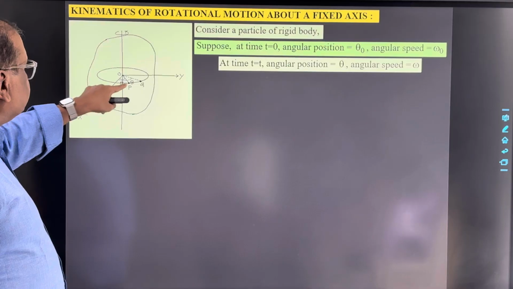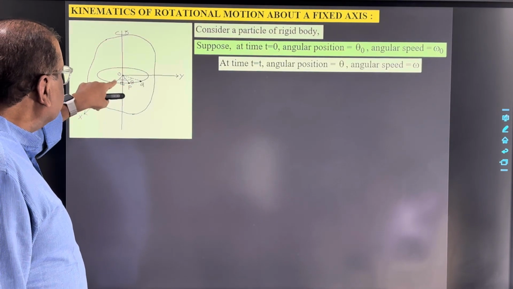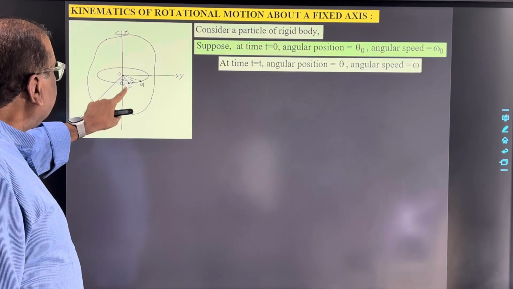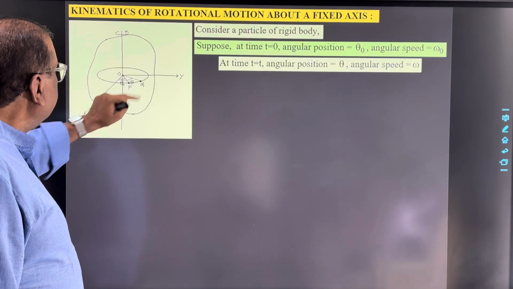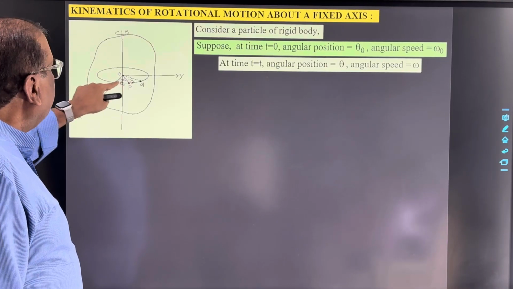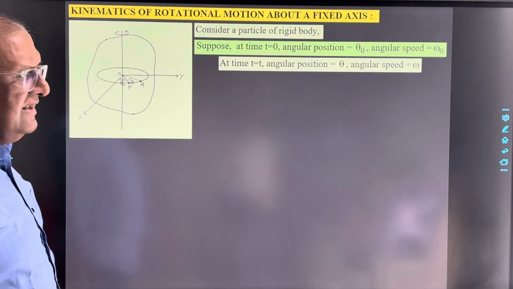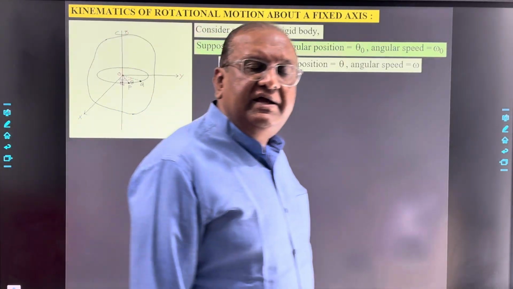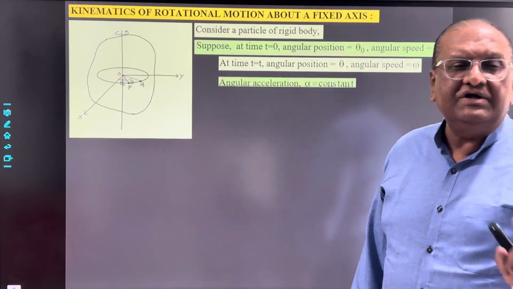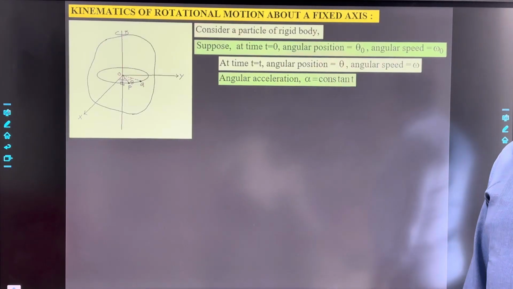Then at some instant t, the particle is displaced from P to Q. With respect to the x-axis, its angular position is theta and its angular speed is omega. Here the body is executing rotational motion with constant angular acceleration.